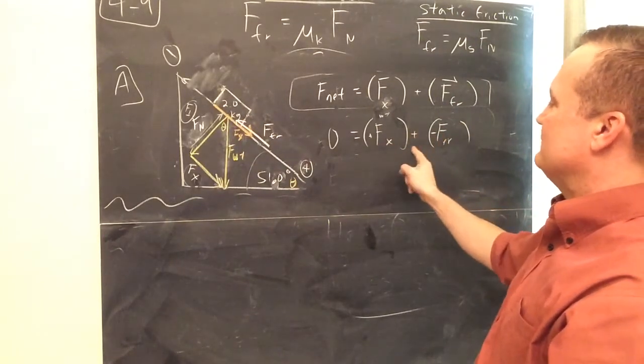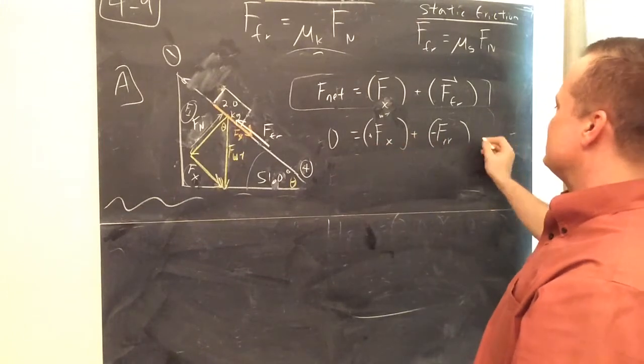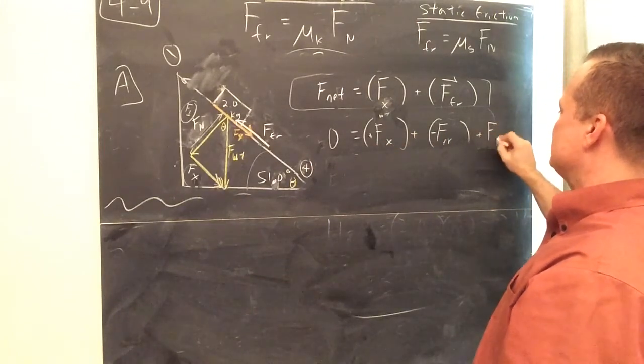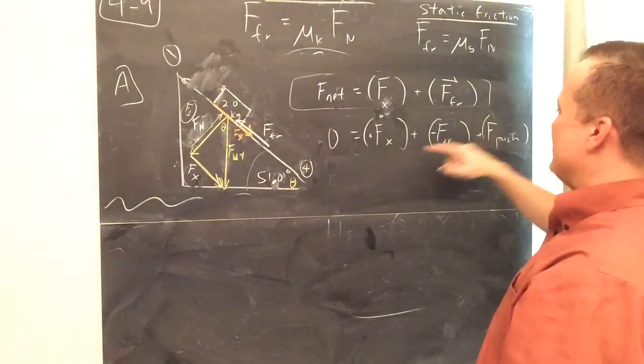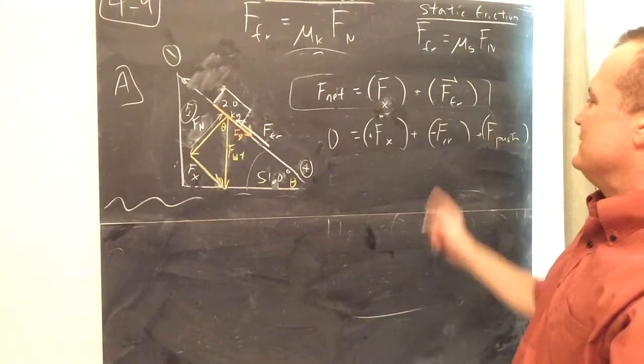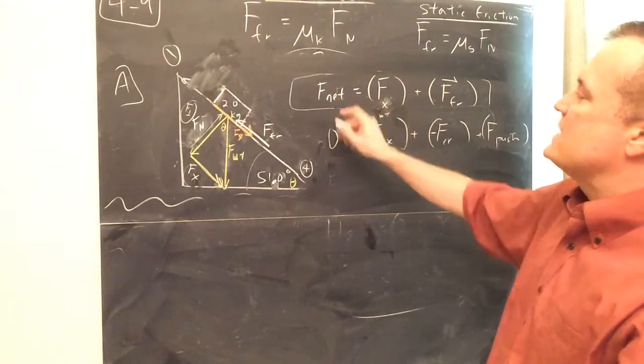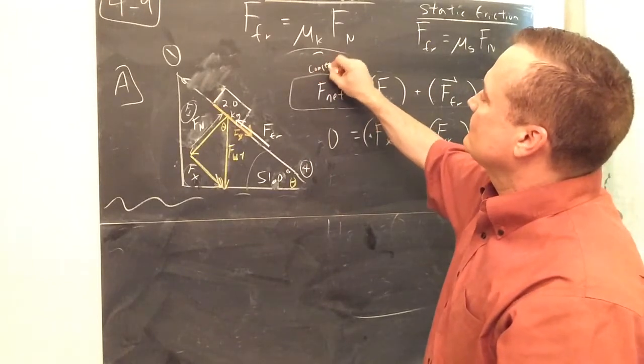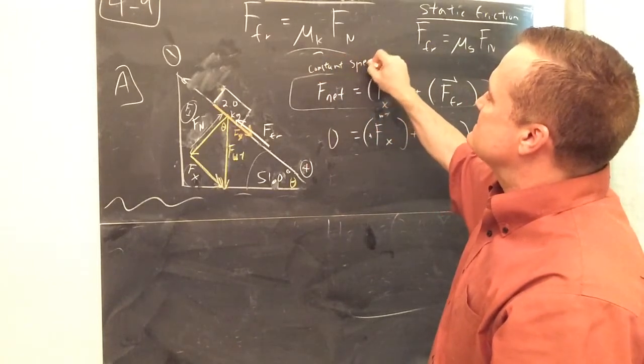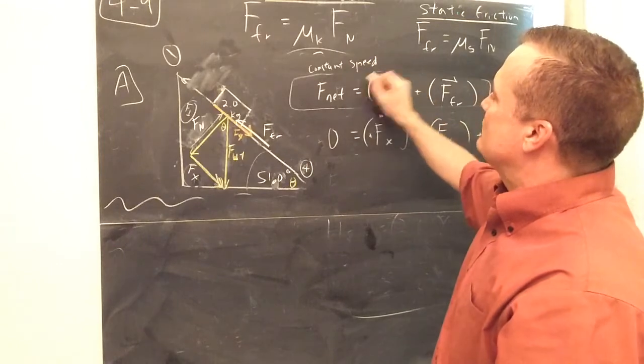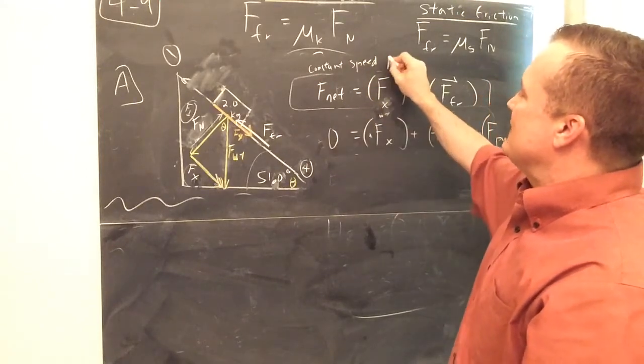One's positive, one negative. Now if you had another force in there, like a person pushing it, then you've got to add that factor in too, and figure it out. But the key is constant speed means net force equals 0. F net equals 0.